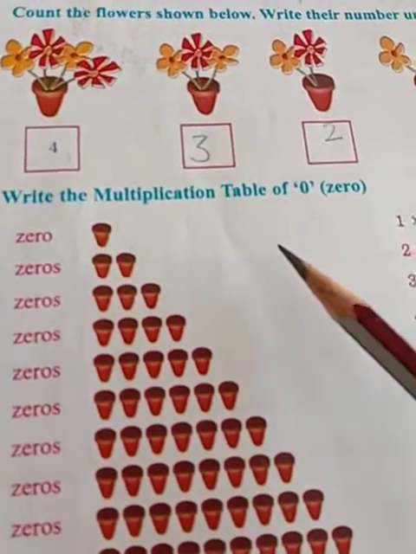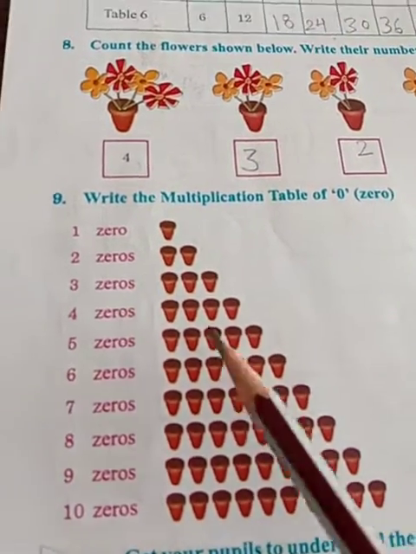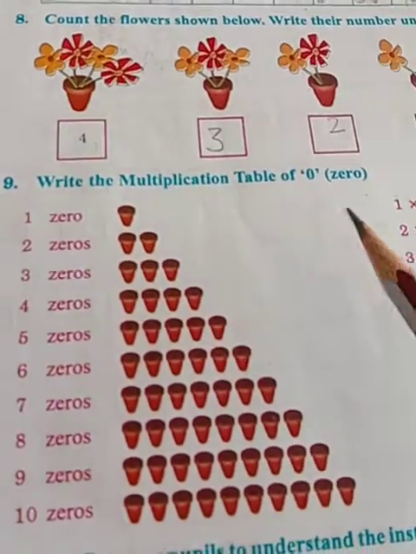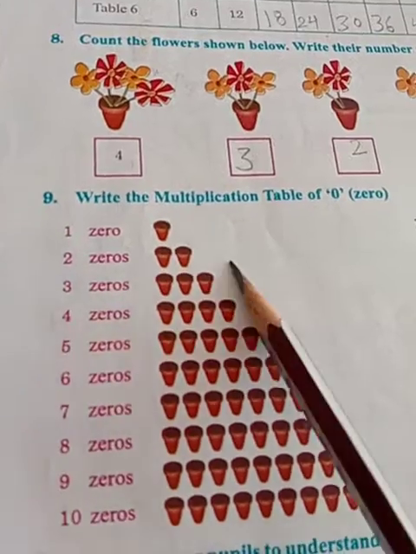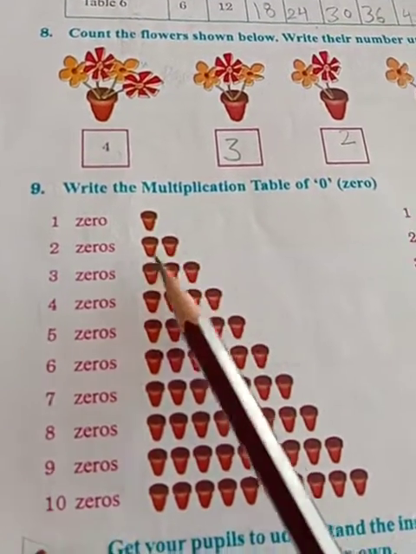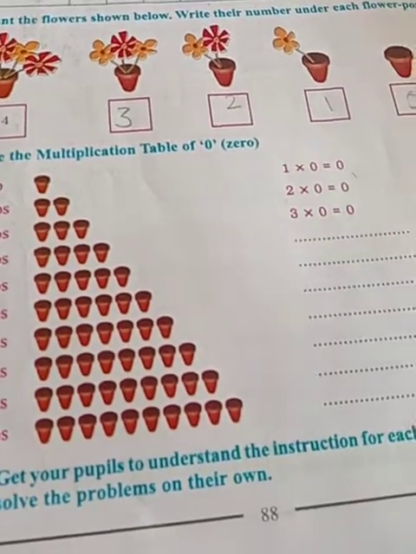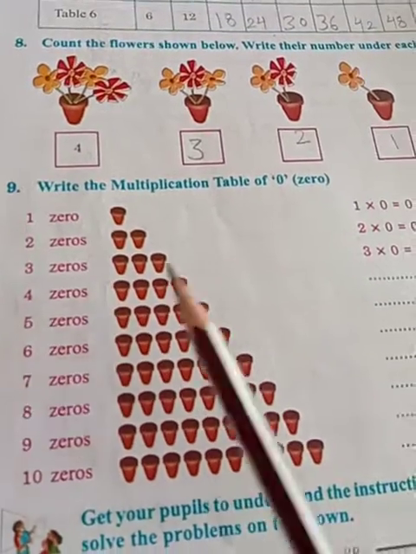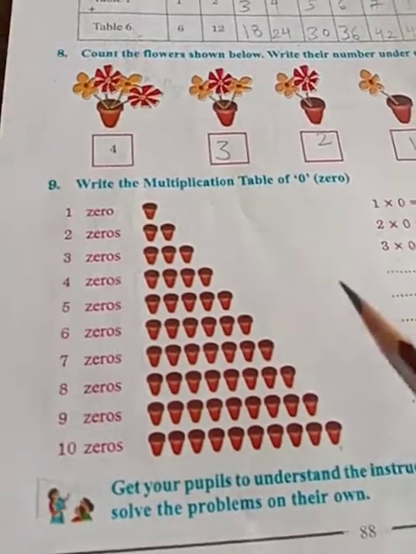See here. Write the multiplication table of 0. 1 into 0, 0, there are no flowers. 2 zeros, are there flowers here? No. So 2 zeros are 0. 3 zeros are 0.